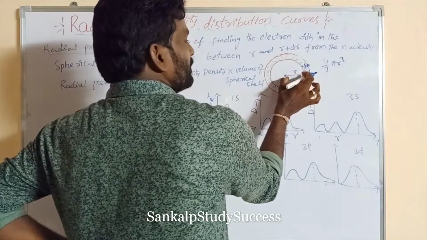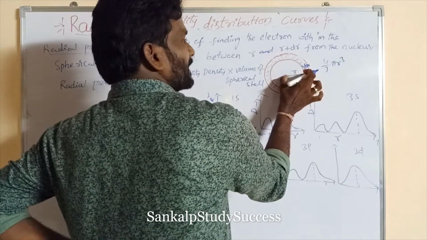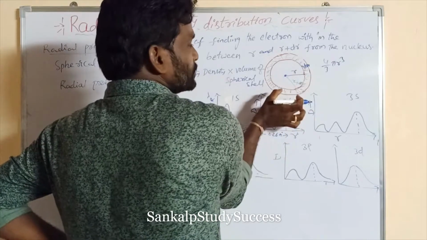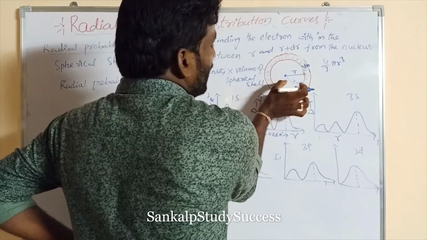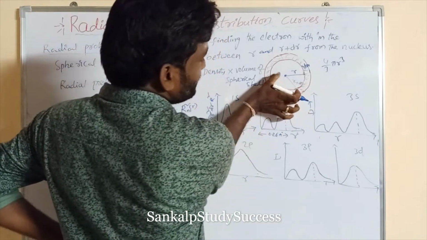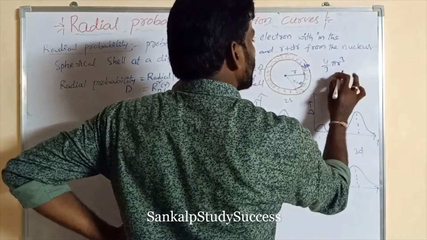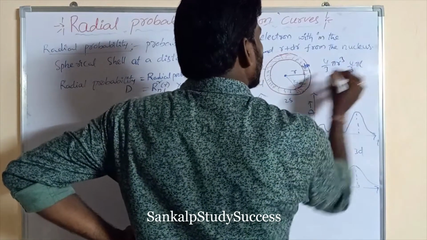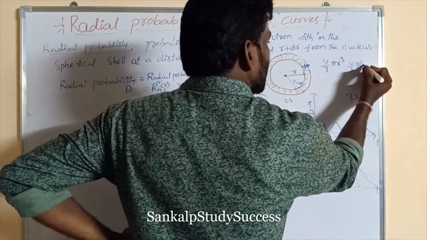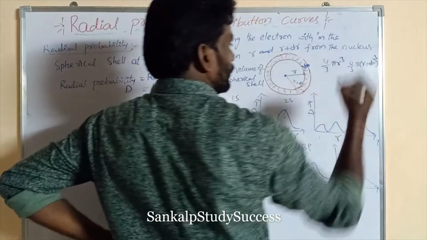This is the volume of a sphere of radius r. If you want the volume of the r plus dr sphere, its volume is 4 by 3 pi into r plus dr whole cube.